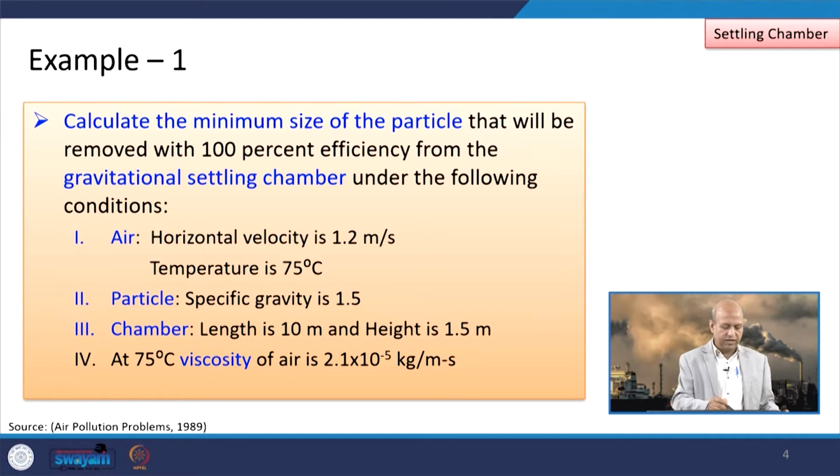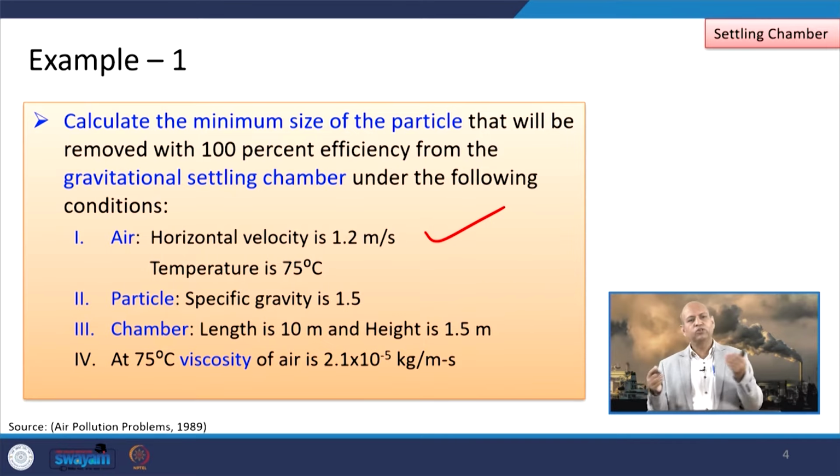Here is the example: we have to calculate the minimum size of the particle that can be removed fully, 100%, in this gravitational settling chamber under the following conditions: horizontal velocity v is 1.2 meter per second, temperature is 75 degree Celsius, particle specific gravity is 1.5, and the chamber has a length of 10 meter and a height of 1.5 meter.